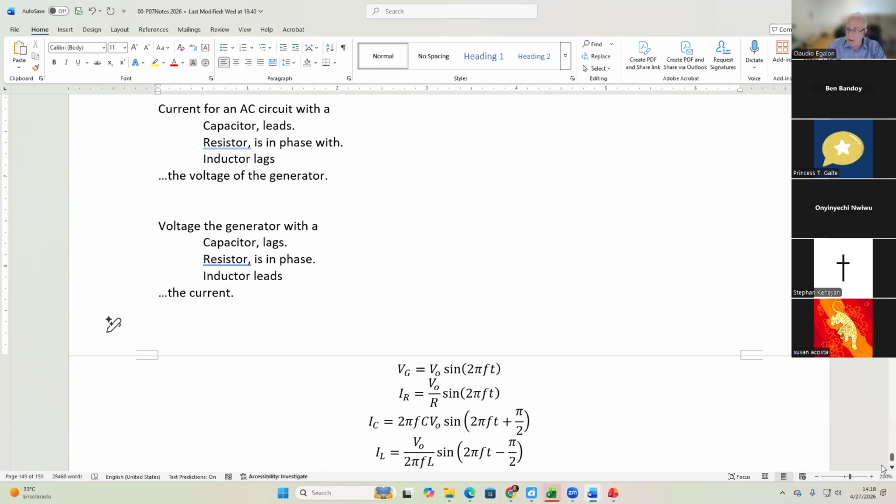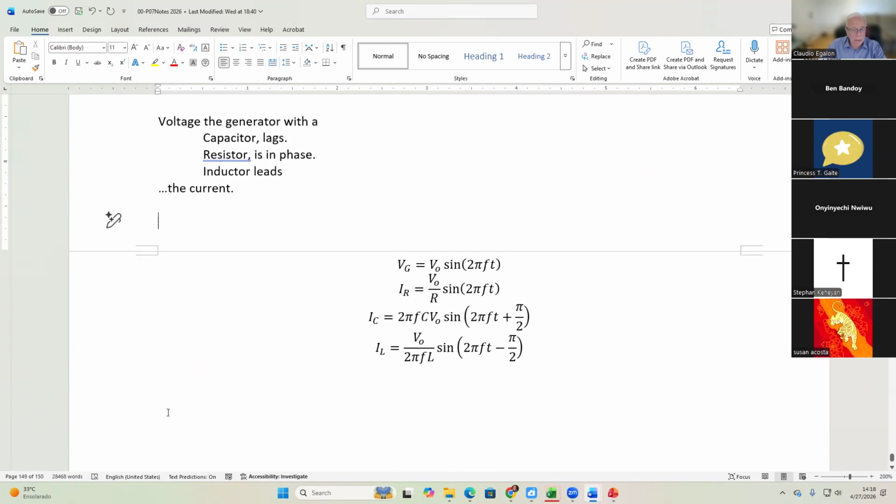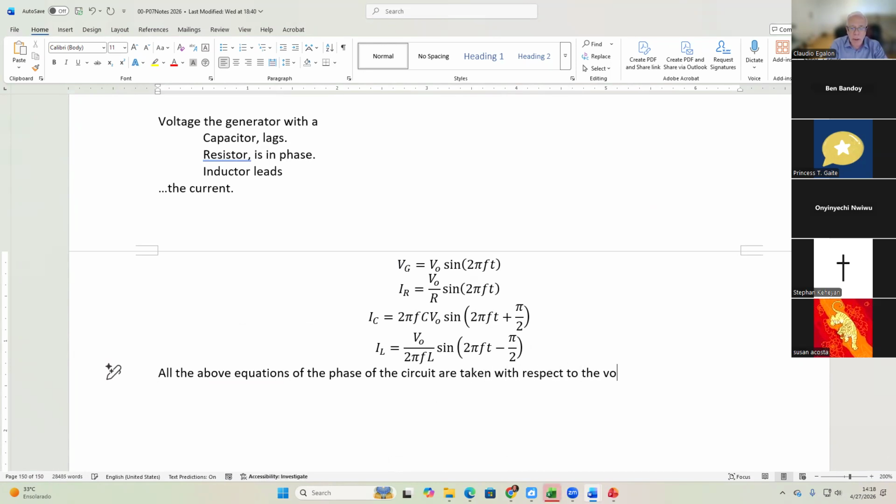Okay, let me write that down. All the above equations of the phase of the circuit are taken with respect to the voltage of the generator, okay?